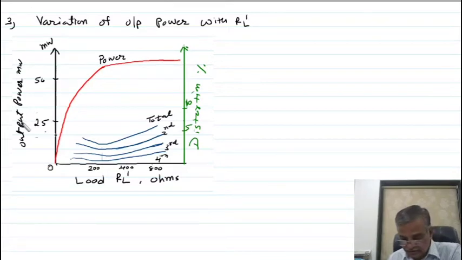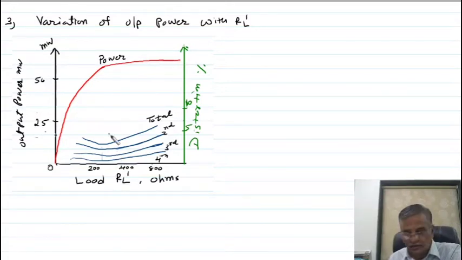Listen to the graph again. The graph of output power with load RLS is shown in the figure, and here we have also shown the harmonic distortion. This graph shows that the load which gives the maximum output power is different from the load which gives the minimum harmonic distortion. For a good power amplifier, the harmonic distortion should be less.